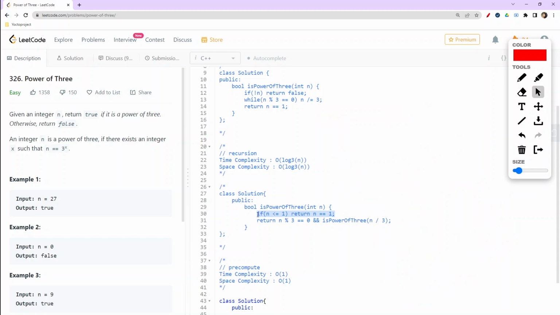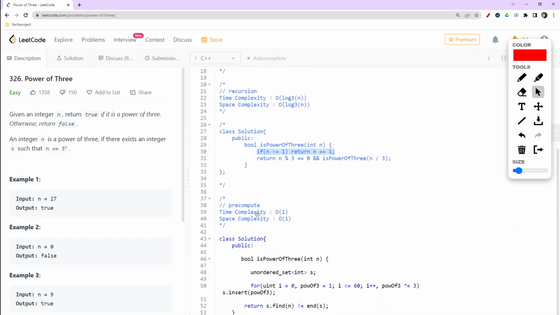So now comes the part about how we are required to do it without loop or recursion. I am taking an unordered set, and in that I am starting from 0. My power of 3 is equal to 1, because earlier we were dividing from 27 and going down to 1. Now we are going from 1 up to 27. I'm going till 60.